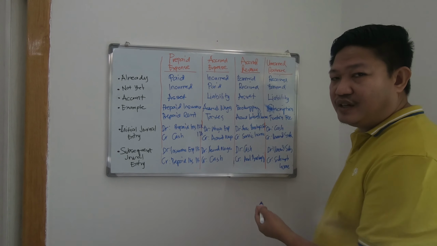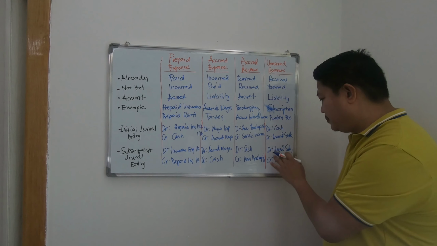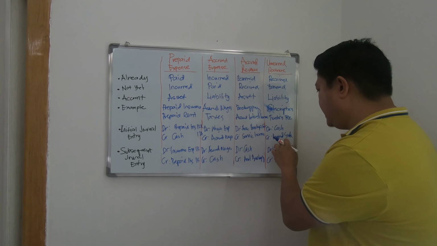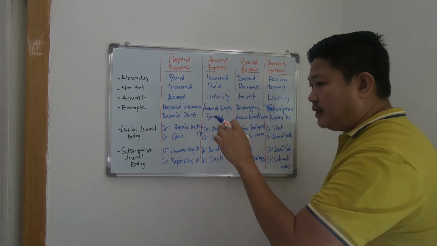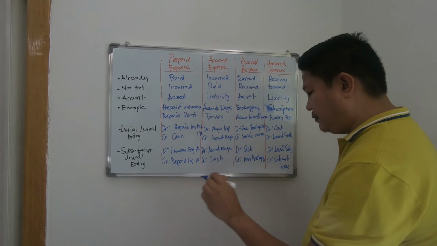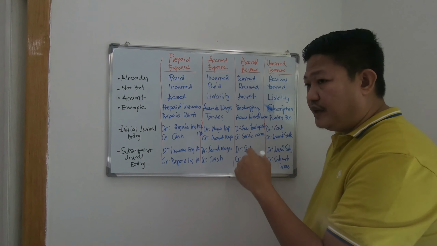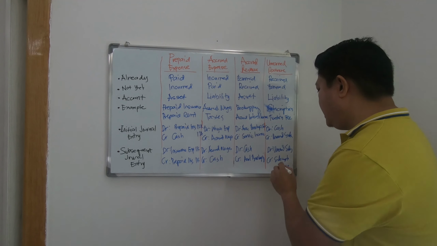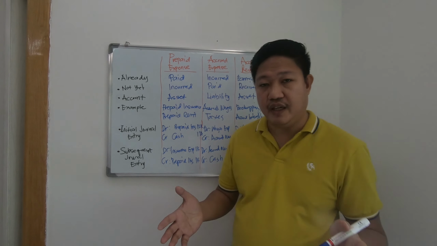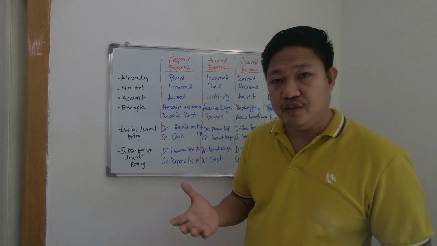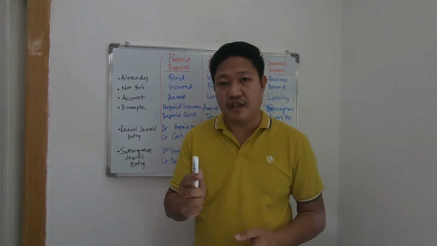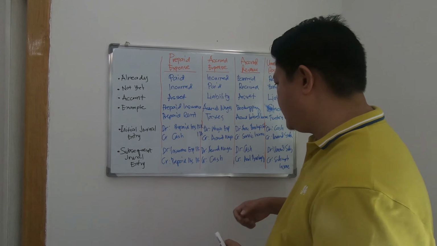If you debit the unearned subscription, you are reducing its balance. In a T account, it will be on the debit side, so the balance reduces based on this month's subscription. And you credit subscription income, because maybe you delivered some newspapers or magazines already to your customer, so this is now recognized as subscription income.